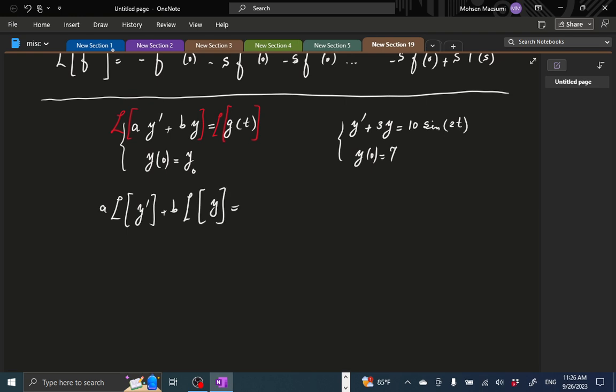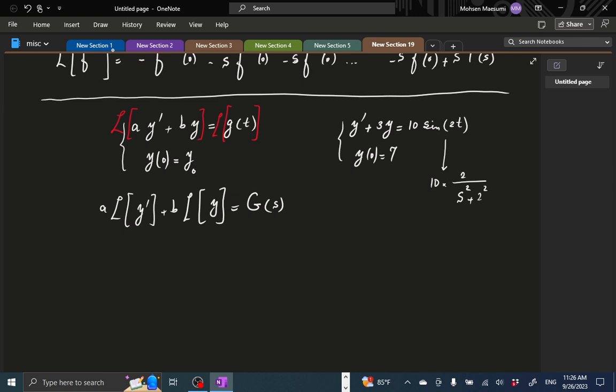And Laplace transform of a function, we said we are using a capital letter associated with that, G of s. So for example, if I had sine of 2t, I take the Laplace transform of that. I'll have, for example, a factor of 10, and you remember sine of bt would be b over s squared plus b squared. So 2 squared would have been here.